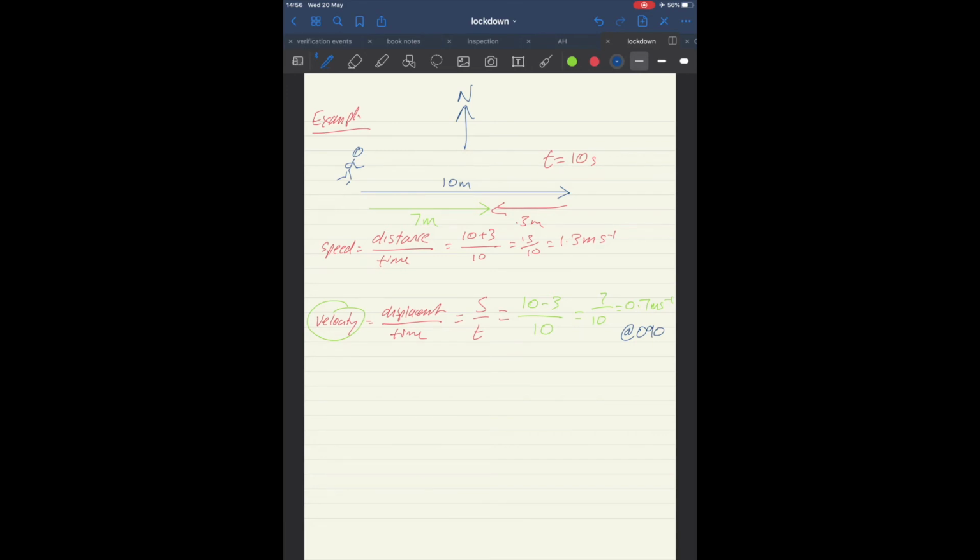Okay, that's fine. So we have to be able to use these two equations, speed and velocity. They're different things. Incidentally, displacement would be 7 meters at 090. The direction of velocity is just the same as the direction of the displacement that you're using in the calculation.